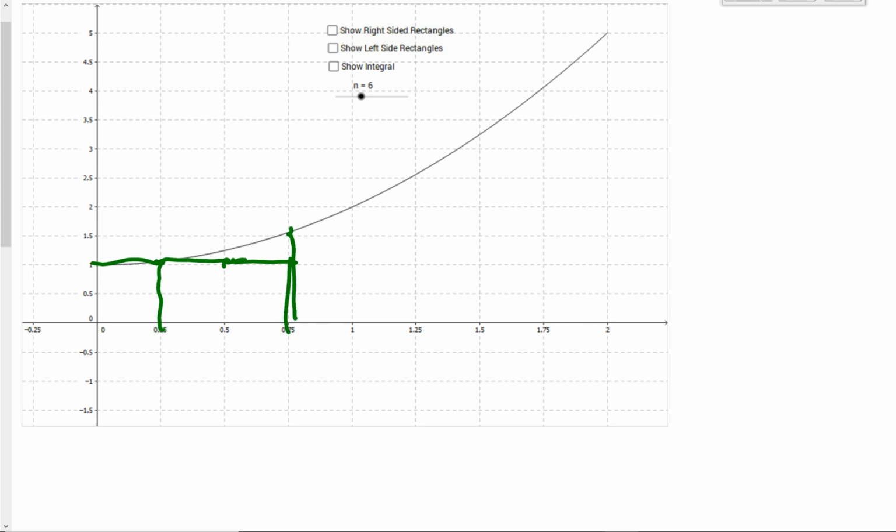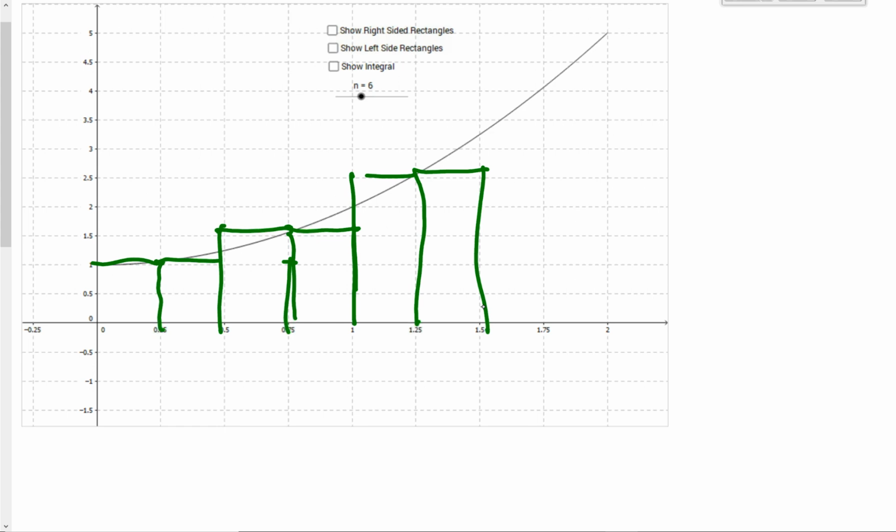Okay, and then a little bit above, a little bit below, a little bit above, a little bit below. So these ones would look more something like this. These would be these rectangles.